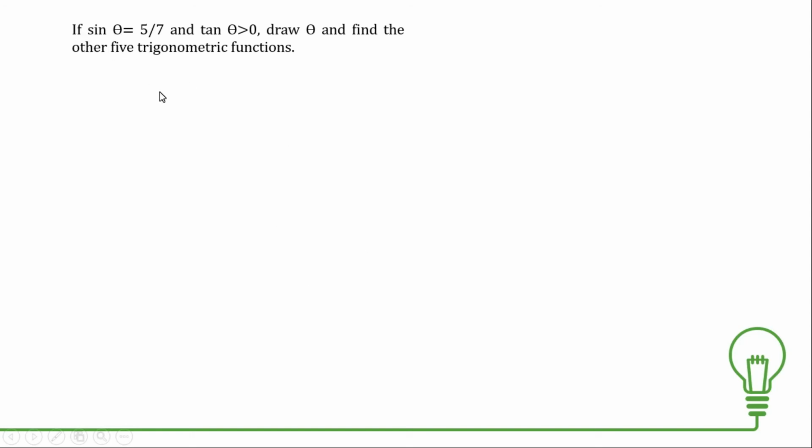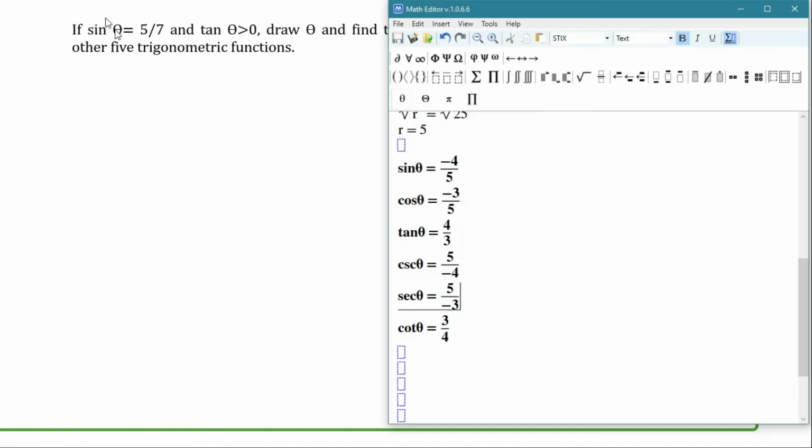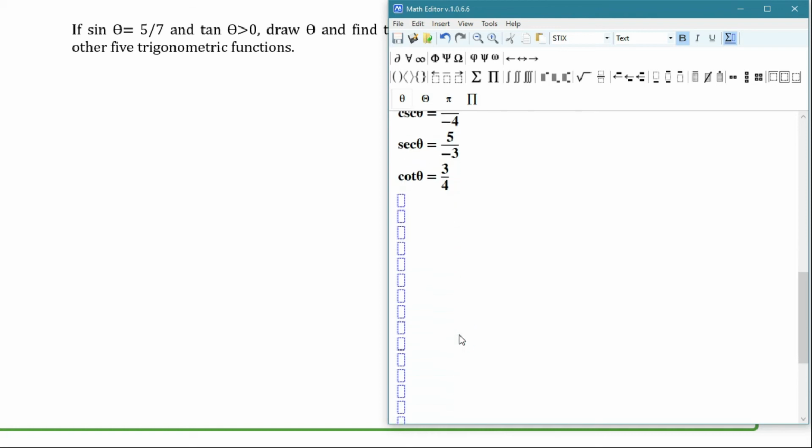Okay, first things first, let us digest the condition that sine theta is 5/7.